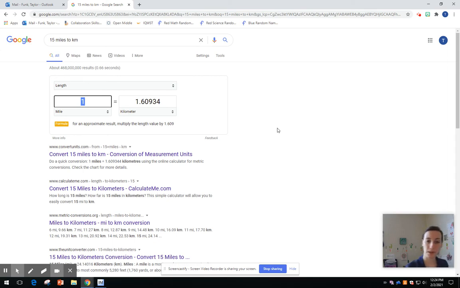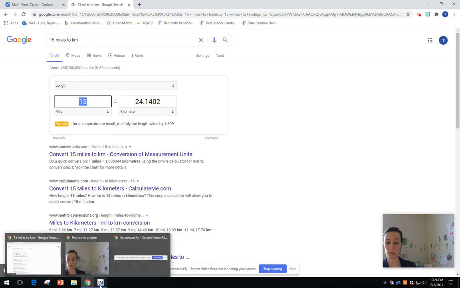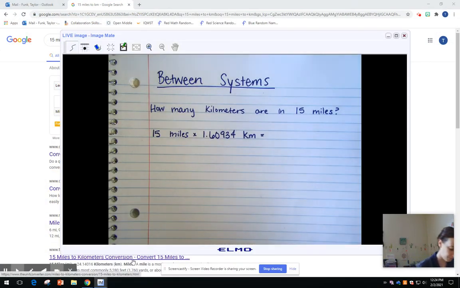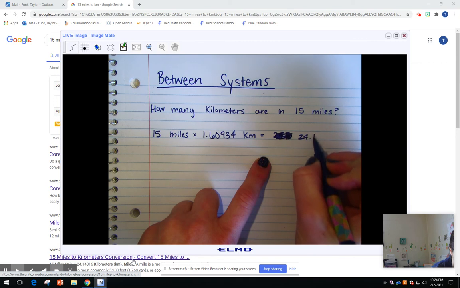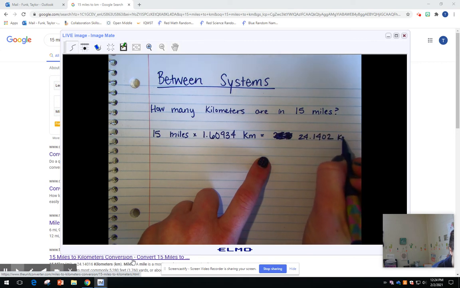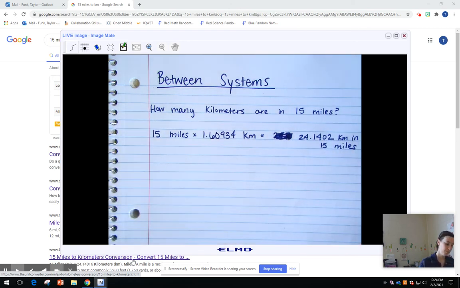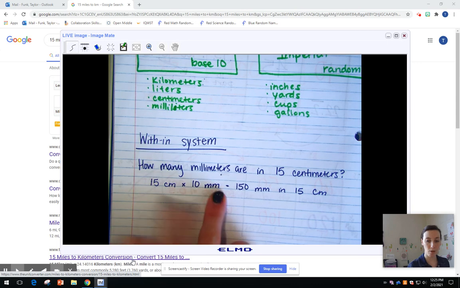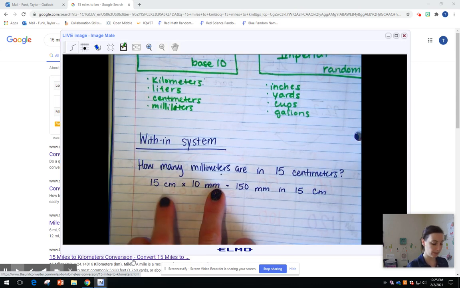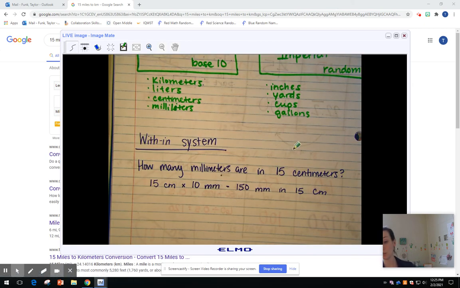And when I do the multiplication, I already know from back here, I'm going to get 24.1402 kilometers. 24.1402 kilometers in 15 miles. So, you know now, you take how many of something you're starting with times by how many would fit into each one of these things, and that gives you the answer, and you can also use your friend Google.